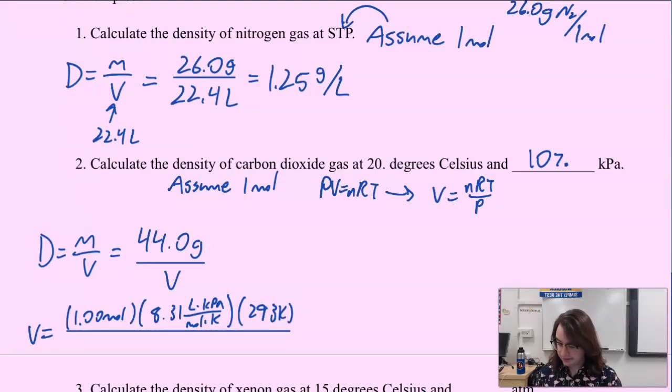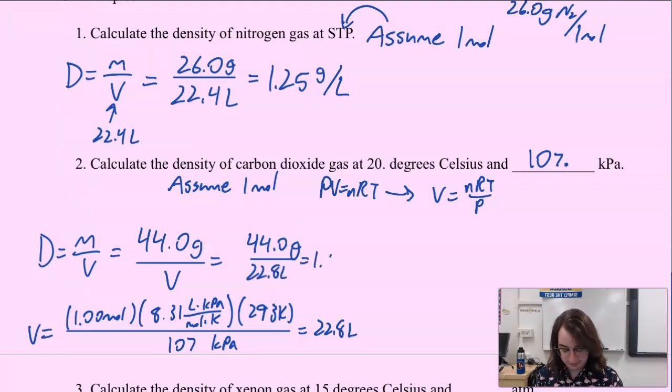So I take all this and I divide that, I should find that I get 22.8 liters. Now, if I were to plug this below, 44 grams divided by 22.8 liters, I should find that I get a density of about 1.93 grams per liter. But there is another way that I can do this. I'm going to do this in a different color.